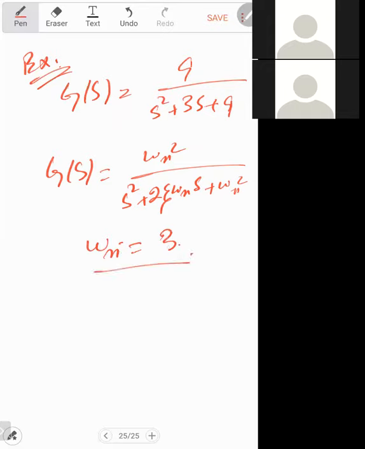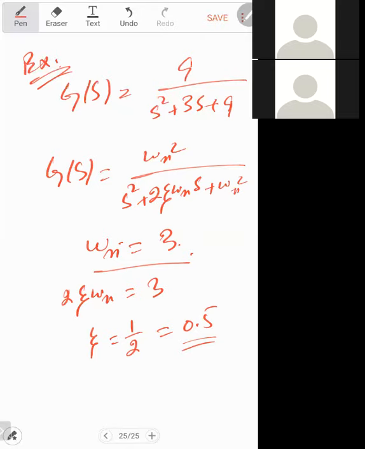And if you find zeta, zeta omega n is equal to 3. This means that zeta is equal to 1 over 2, which is equal to 0.5. So in this case, zeta is less than 1.